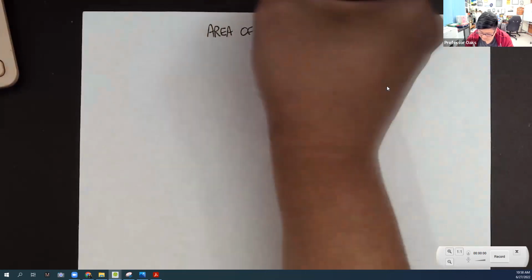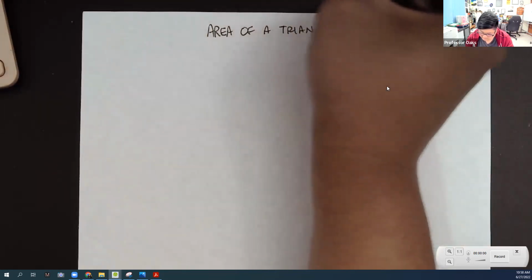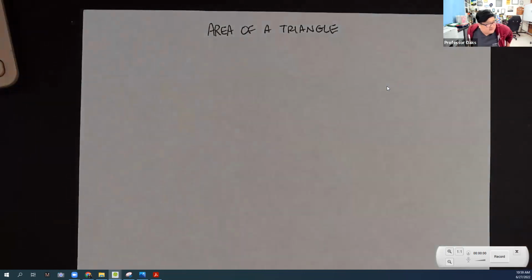Okay, so area of a triangle. I feel like this is the part where it gets people every time, that there is more than one way to find the area of the triangle.